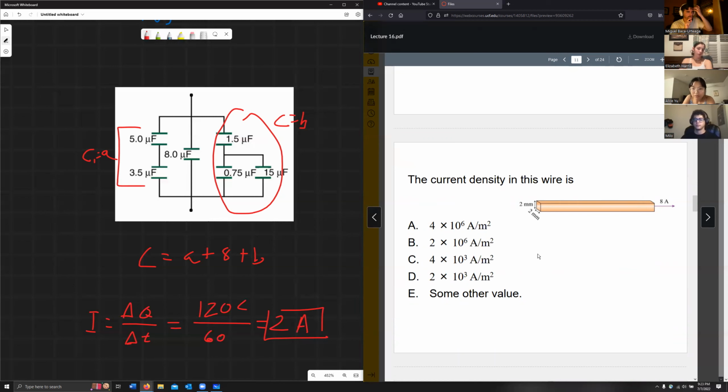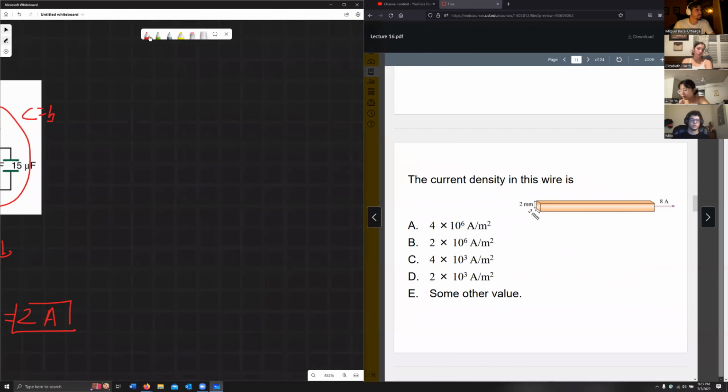In this one, we have 8 amps flowing through. So let's get this one done. Current density is equal to I over A. This should be denoted as amps per meter squared.